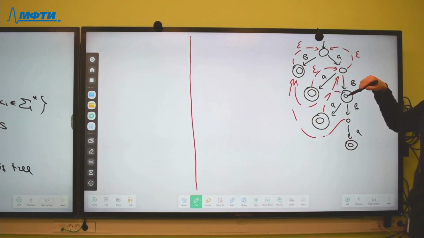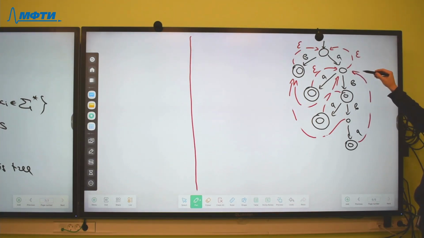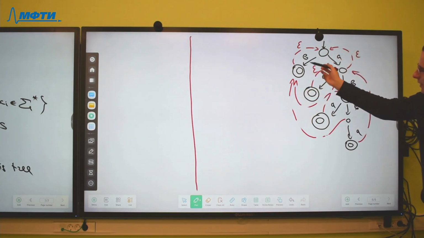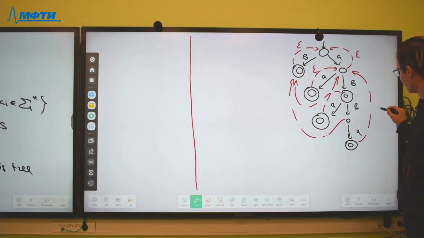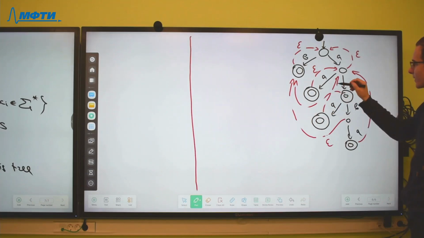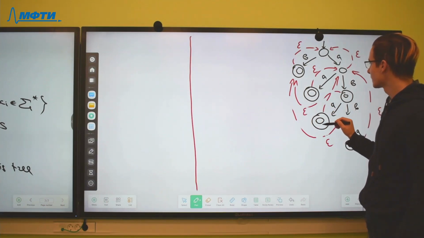We have no node equal to BBA. We have no node equal to BA, but we have a node equal to A. Or from the initial point, from the root of this tree. So all of the links with the epsilon transition here are the suffix links of this tree.